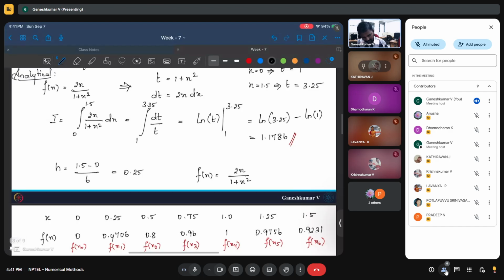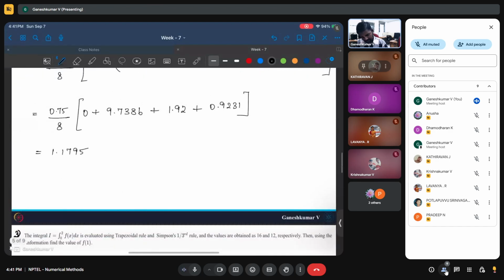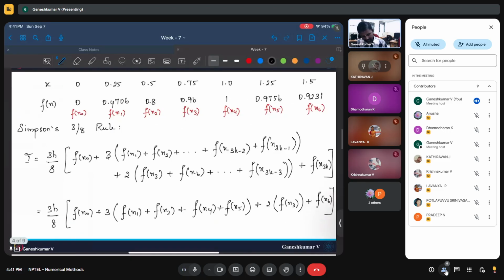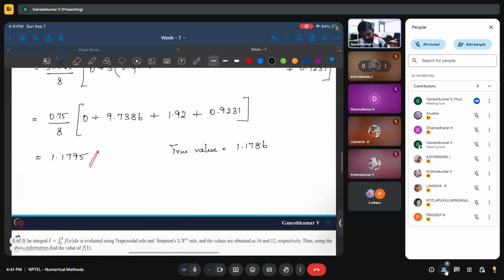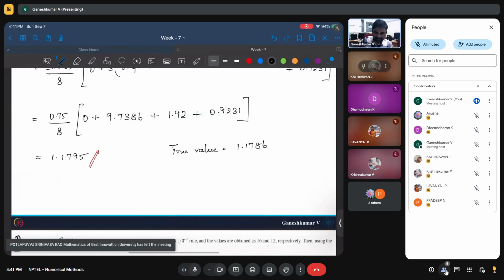So 1.1786. Okay, we are slightly over predicting. So the true value is 1.1786, and the Simpson's 1 by 3 rule is 1.1795. So up to the second decimal it is accurate. Okay.